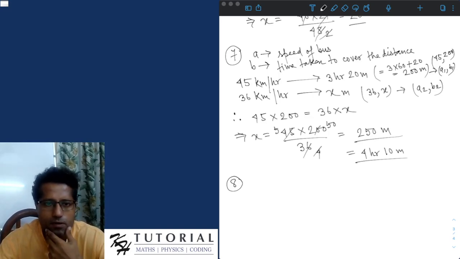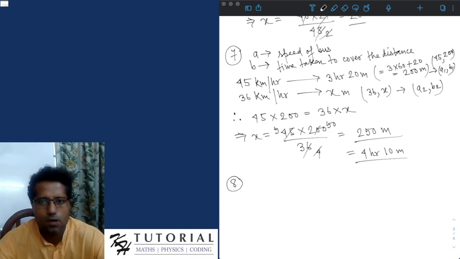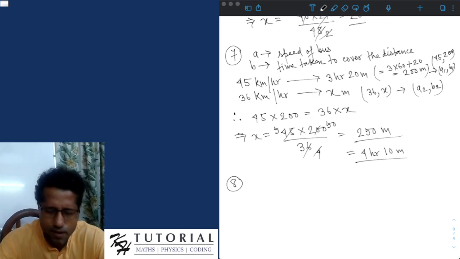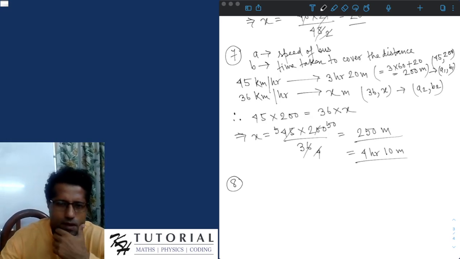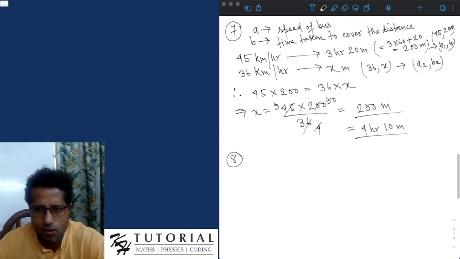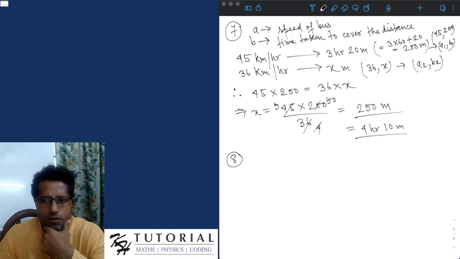So the challenge is to identify the quantities that we need to consider that are varying directly or inversely.